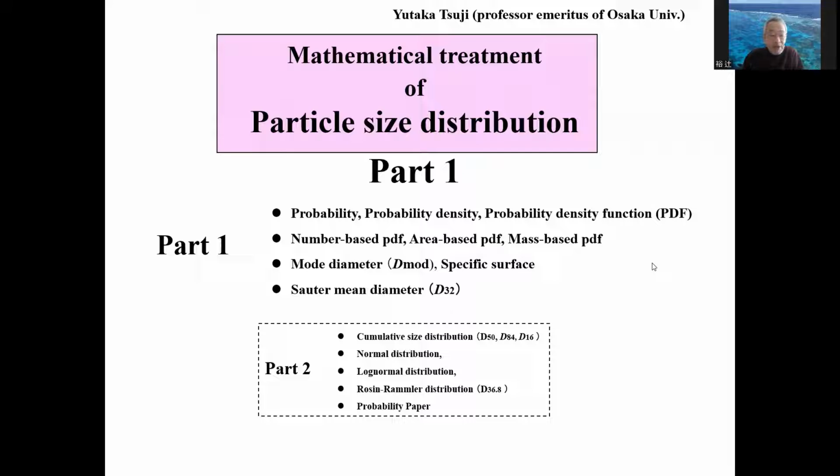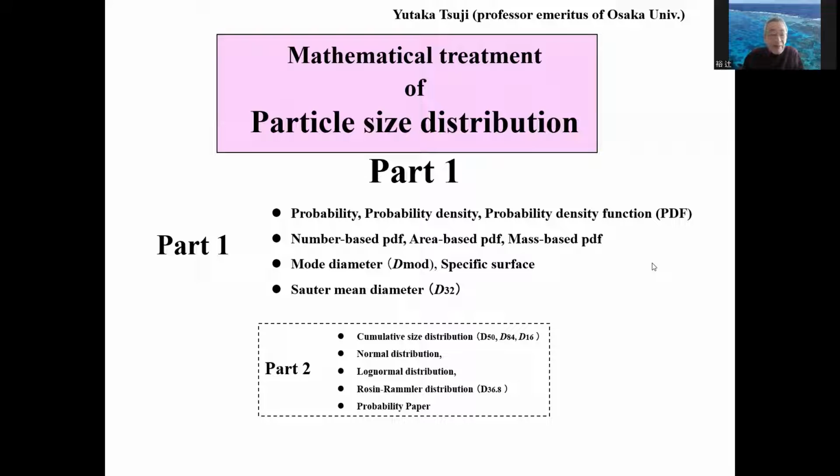The whole lecture consists of part 1 and part 2. This video is part 1. This page shows a brief content of part 1 and part 2. Part 1 describes how to treat particle size distributions.